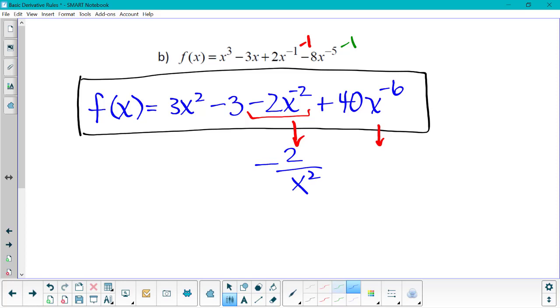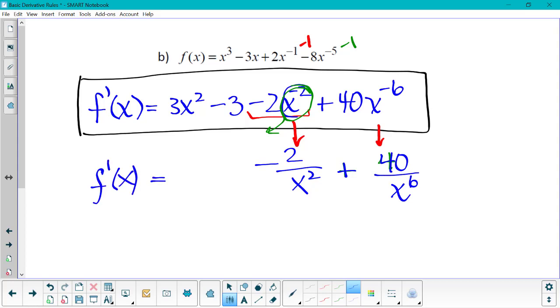Remember, when we want to get rid of the negative exponent, it moves down or to the other side of the fraction. So this last term will become plus 40 over x to the 6th. The 40 does not have a negative exponent, so it stays where it is. The x comes down and the 6 becomes positive. So if we wanted to write our derivative with no negative exponents, we could do it like this.